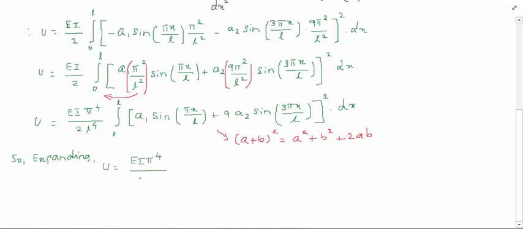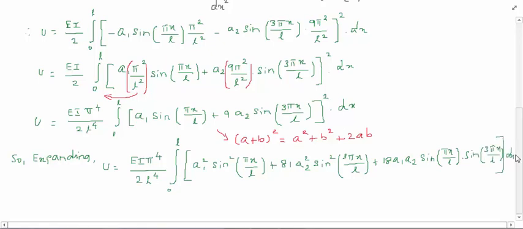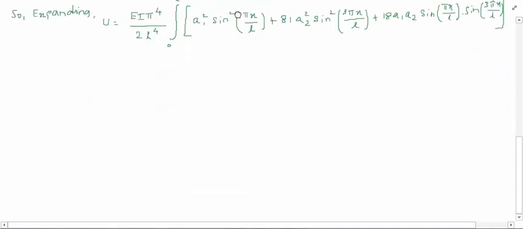U equals EI π⁴/(2L⁴) times the integral from 0 to L of: a1² as the first term, plus 81 a2² as the second term, and the third term, 9 times 2, 18 a1 a2, on the remaining terms.